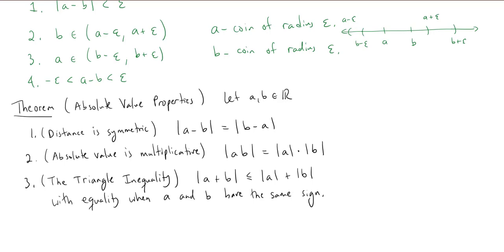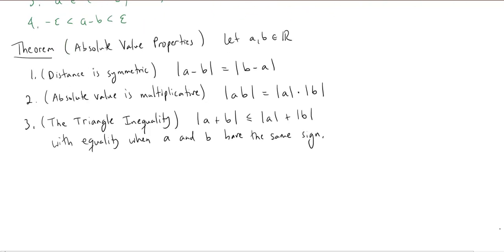Okay, so let's do an example here, because I'd like to see these in action. So let's say I have three numbers, a, b, and c. Let's start with looking at the distance between a and b.